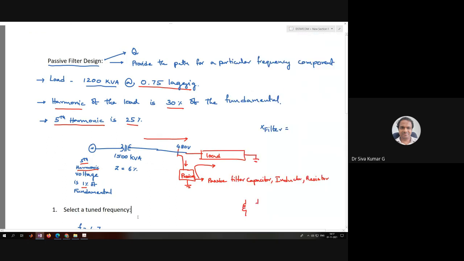We are designing the filter to inject the reactive power and also to provide a path for a particular frequency. Now the load power factor is 0.75 lagging. How much is the power factor to be improved?